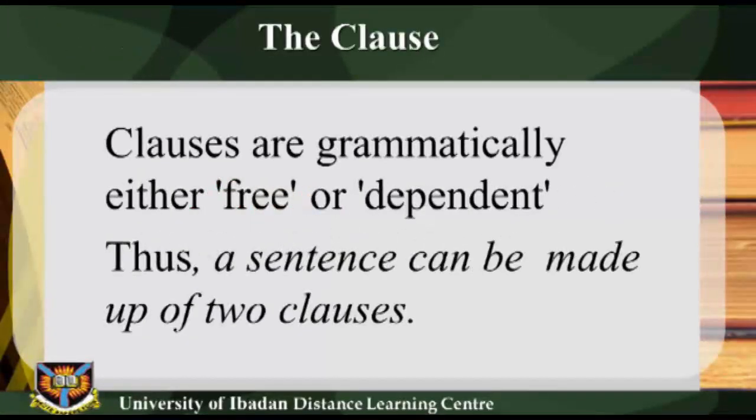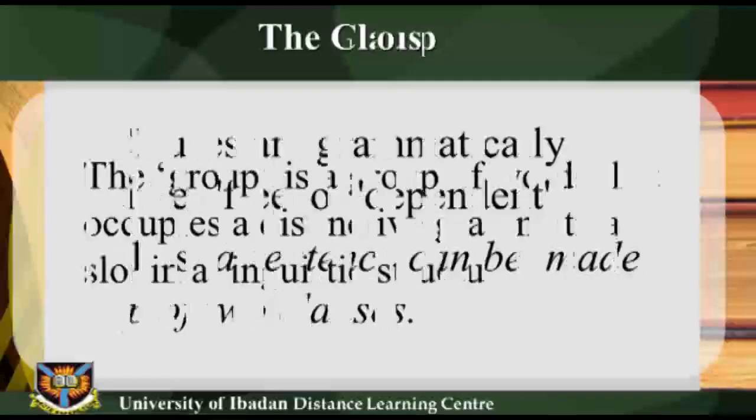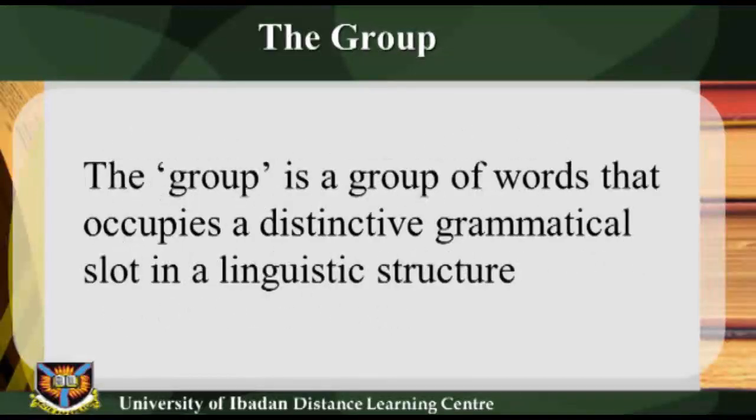The clause. The clause refers to a grammatically coherent text that has a verb. Clauses are grammatically either free, as in "the man was arrested," or dependent, as in "when he fell down," in "the man was caught when he fell down." Thus, this sentence is made of 2 clauses. The group.